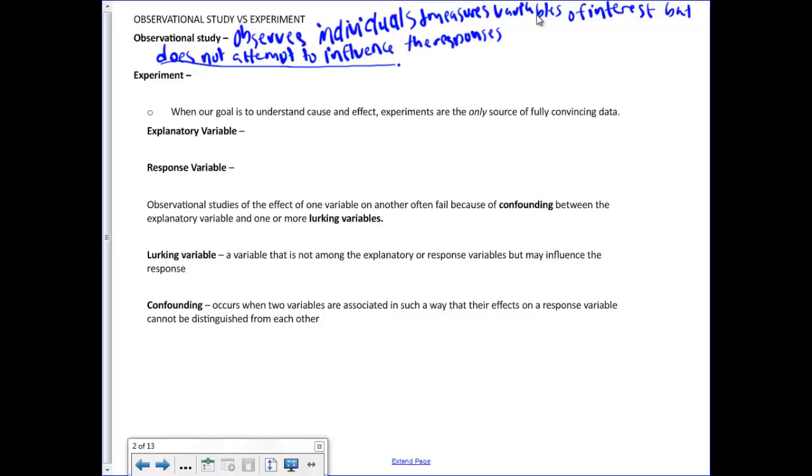It says you observe individuals and you measure variables of interest, but you do not attempt to influence the responses.